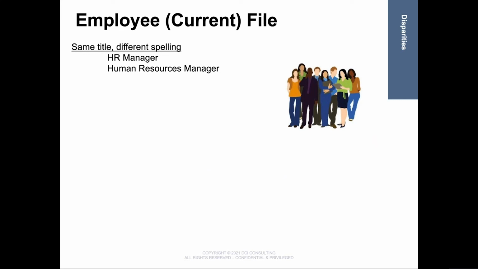So HR manager and then human resources manager. Or if they're hand typing it in, you might see human resources manager misspelled. So what we end up doing is normalizing all of these titles to get everybody into the same job title.